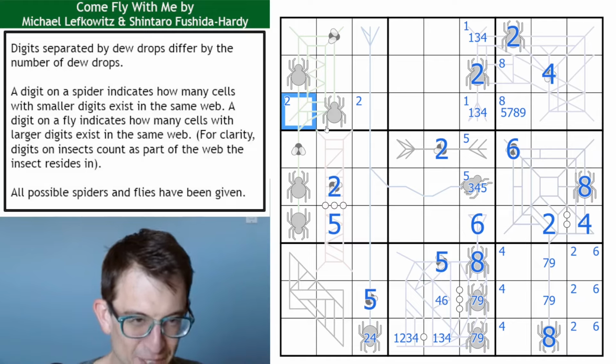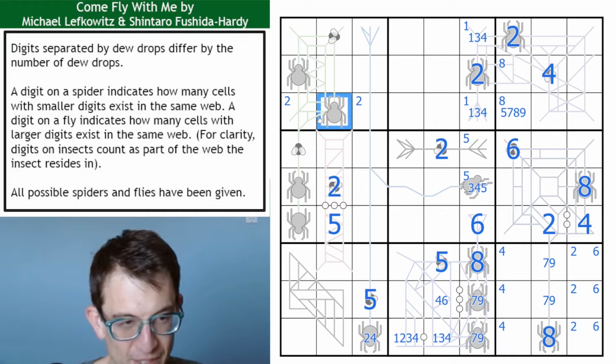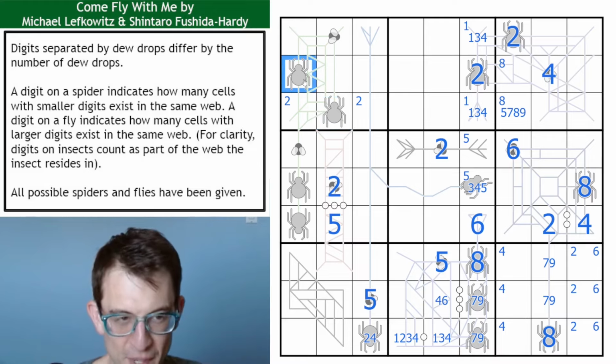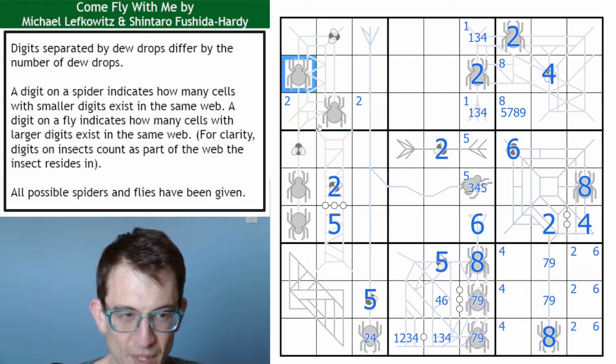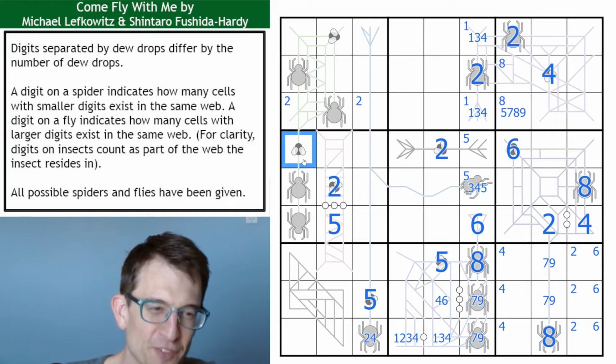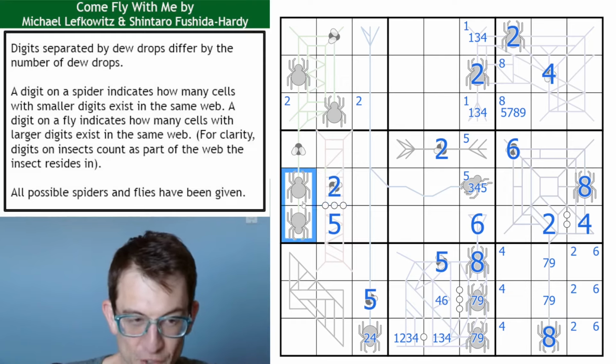Well, most is too strong maybe, but they've got to be bigger than some of these other digits because the bigger of these two spiders is at least 4. And these spiders, hold on, maybe I should think about this fly for a second. Because these spiders, they can't be 1 or 2. So these spiders are at least 3.